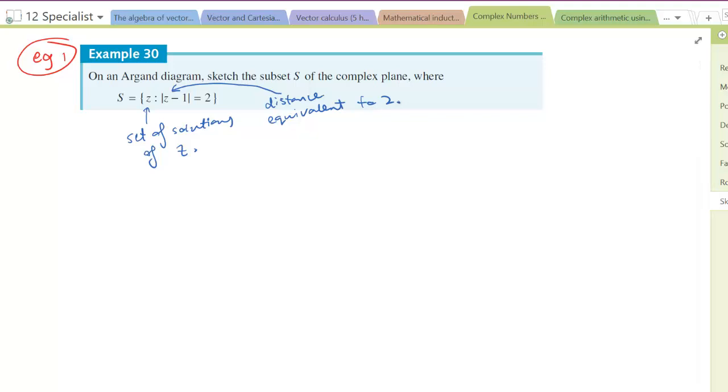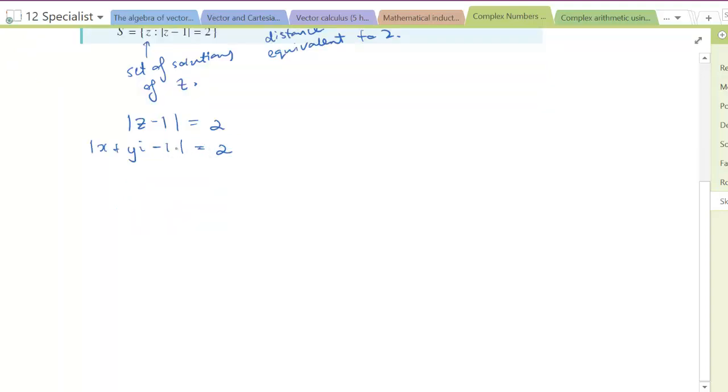Okay, so we're going to go about solving this. We're looking at the modulus of z minus 1 is equal to 2. Now we know that z is a complex number in the form x plus yi, minus 1. If we group real and imaginary, we get x minus 1 in the real and y in the imaginary. So that's our modulus, and it's equal to 2. Modulus is the square root of real squared plus imaginary squared.